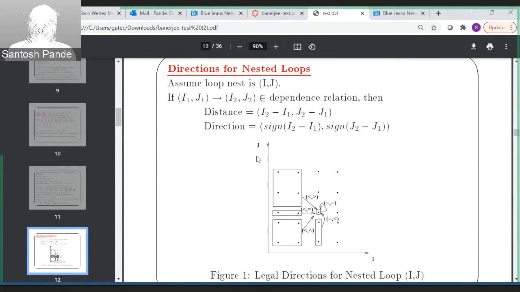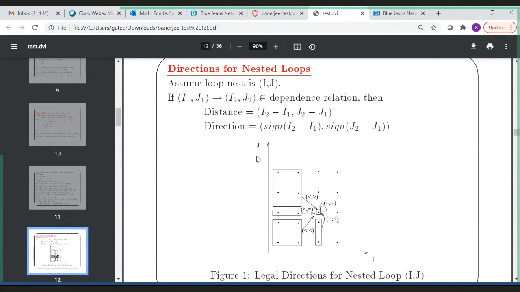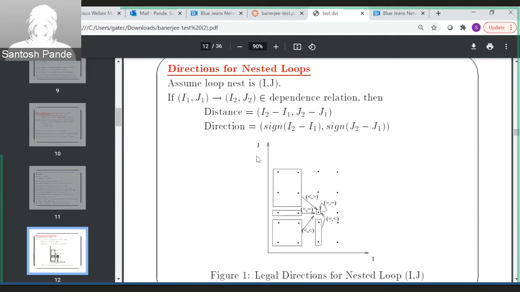Now, the problem of dependencies can therefore be summarized as either the distance in the J spaces and I spaces, or the directions in the I and J spaces, which is given in this particular way.